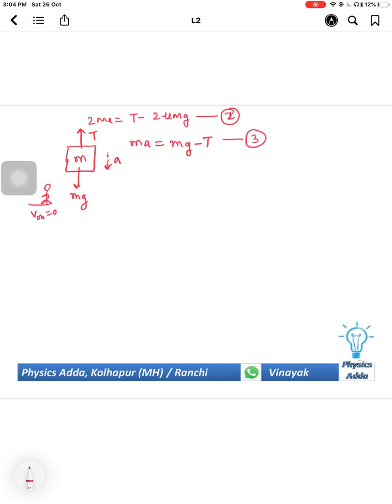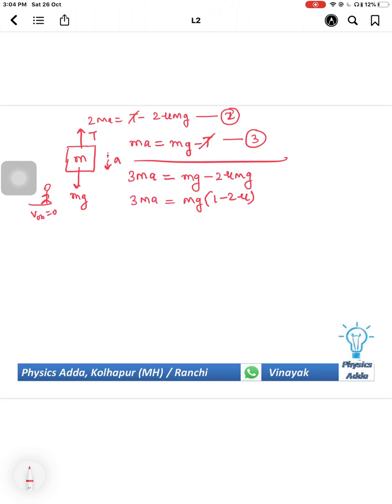If I'm adding equation number 2 and 3, I'll get twice ma plus ma is thrice ma, 3ma is equal to T gets cancelled, and this becomes mg minus twice mu mg. So this mg I will take common, 1 minus twice mu is equal to 3ma.